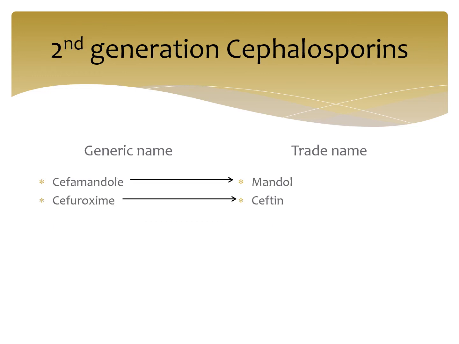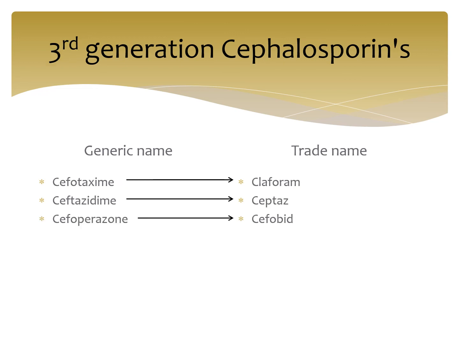Our second generation cephalosporins are okay for gram-positive infections, but they're not as good for Staphylococcus infections, but they're also good for Moraxella infections. Some of the second generation cephalosporins would be cefmanidol and cefuroxime. The third generation cephalosporins are very good for treating multi-resistant gram-negative infections.